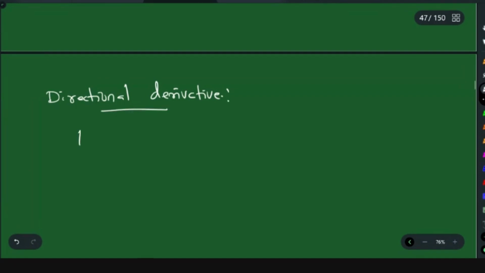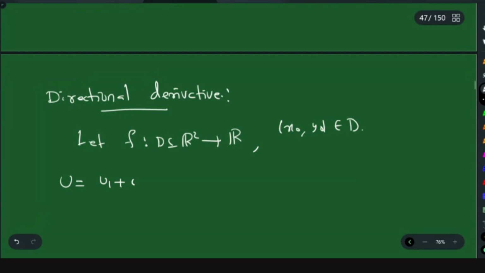Let f be a function from some subset D of R2 to R, and x naught y naught is some point in D, and u equal to u1 plus i u2 is a unit vector. Unit vector means u1 square plus u2 square is exactly equal to 1.